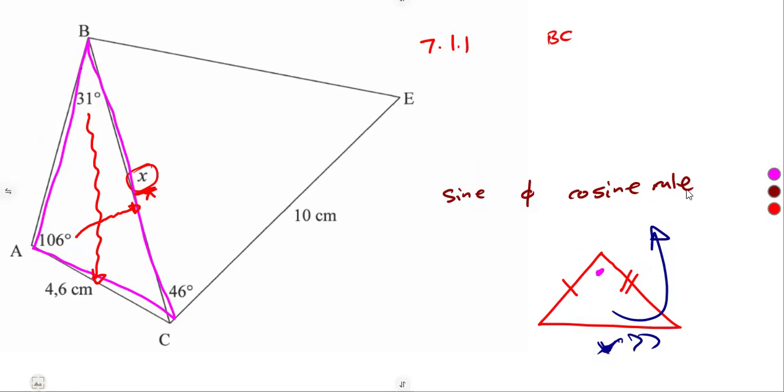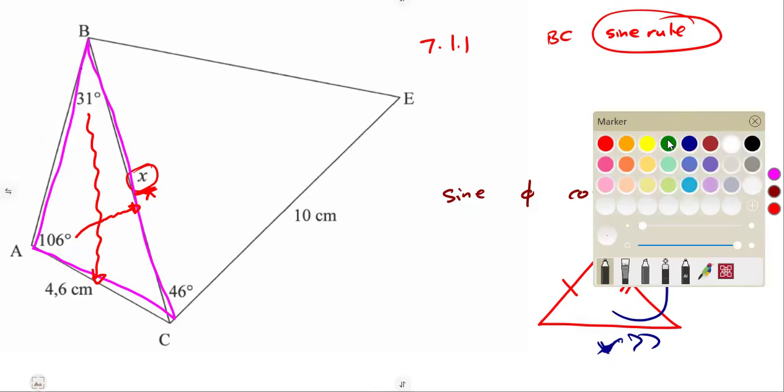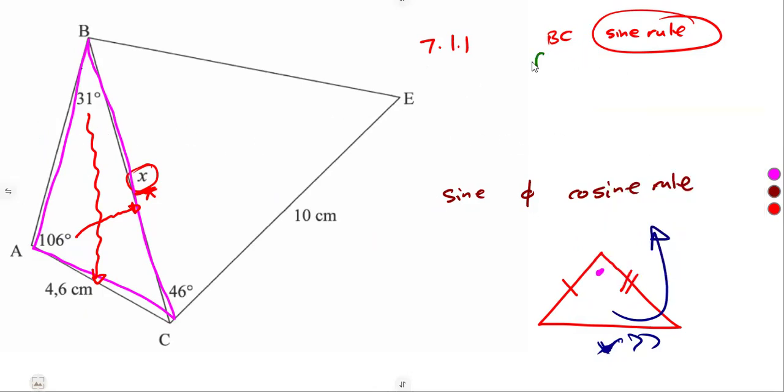What does the sine rule state? Using triangle ABC, to calculate a side, we can put the side on top.